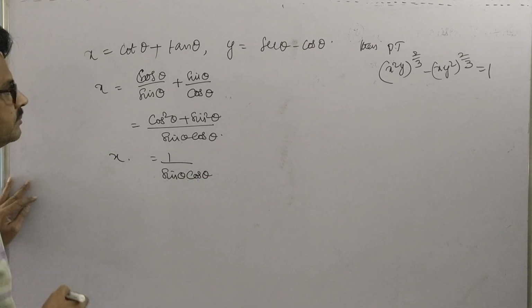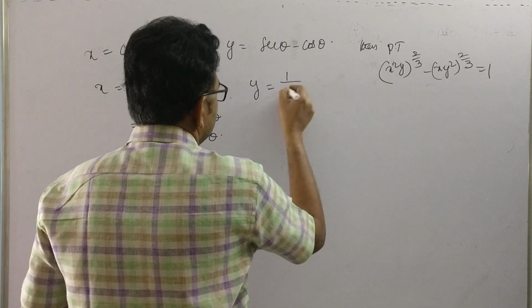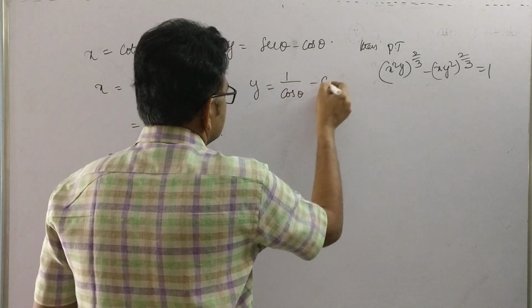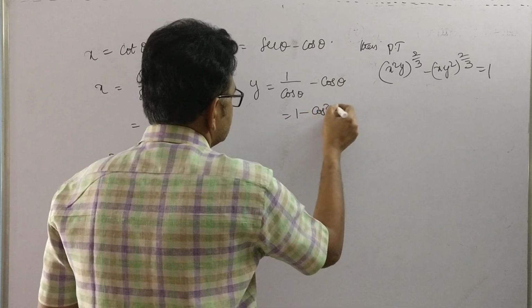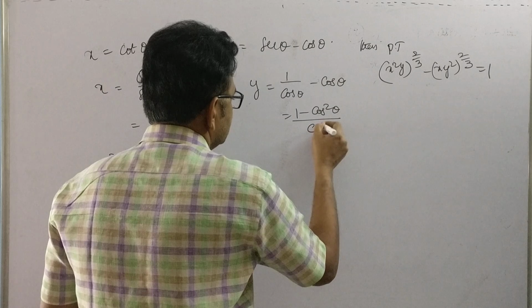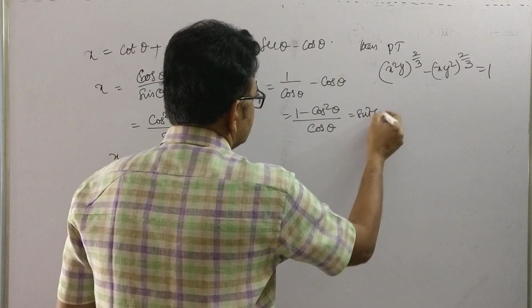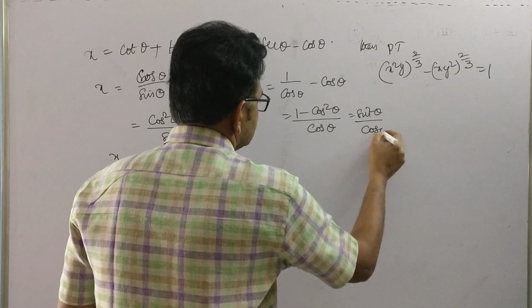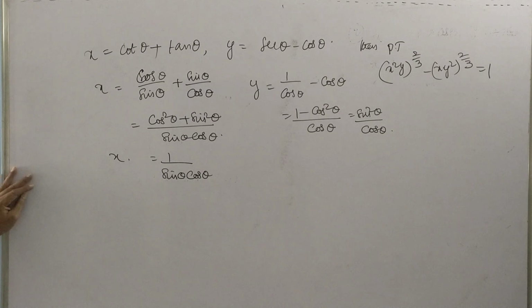Like that, y is equal to 1 by cos theta minus cos theta, that is 1 minus cos square theta by cos theta, that is equal to sin square theta by cos theta.